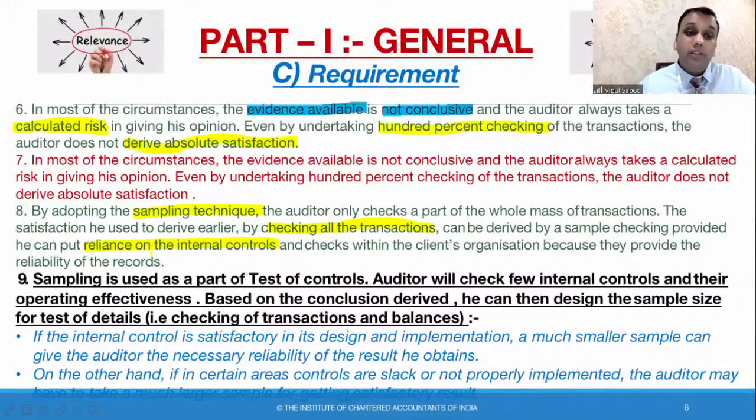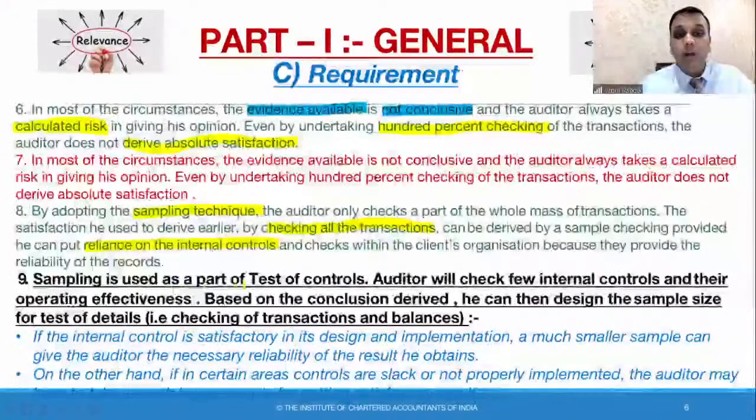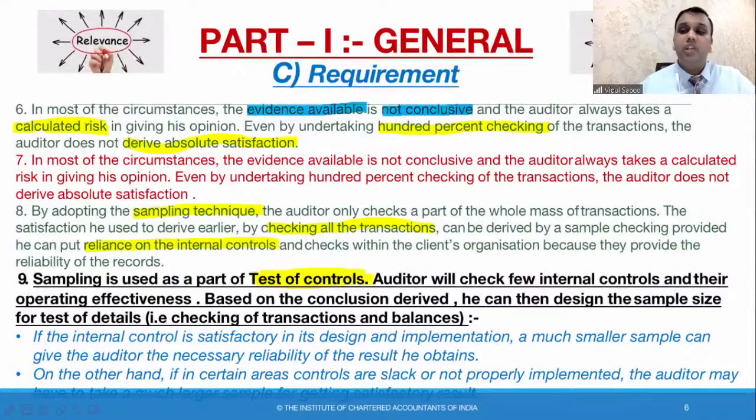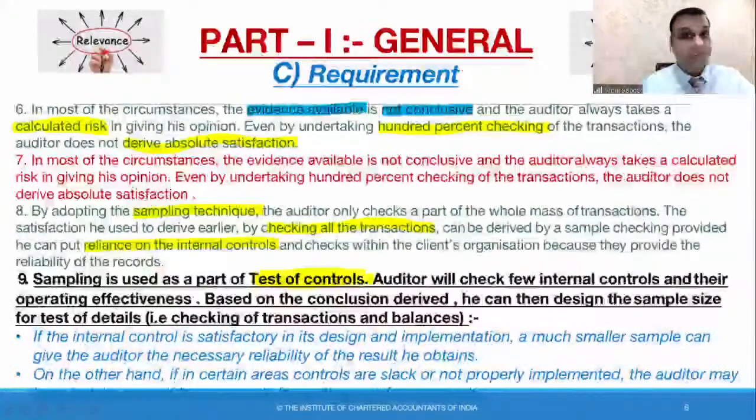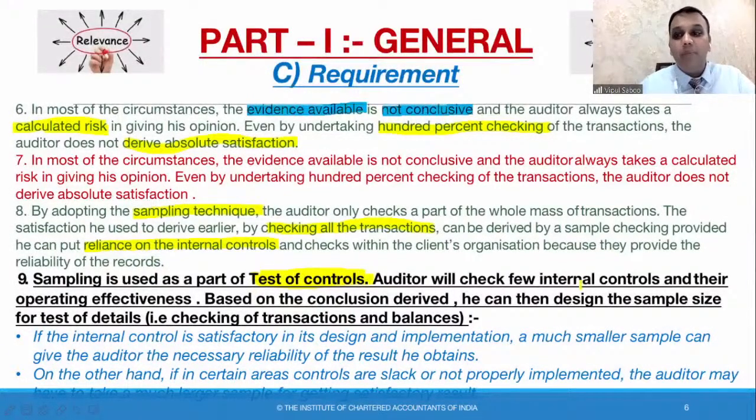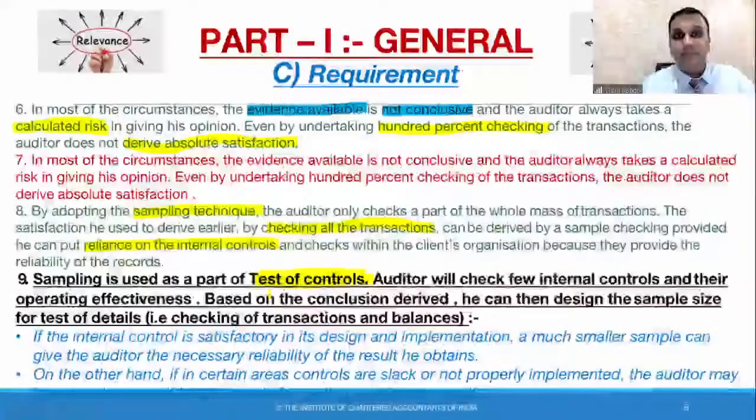So, sampling is also used as a part of test of controls. The auditor will check a few internal controls, not all the internal controls, and their operating effectiveness.